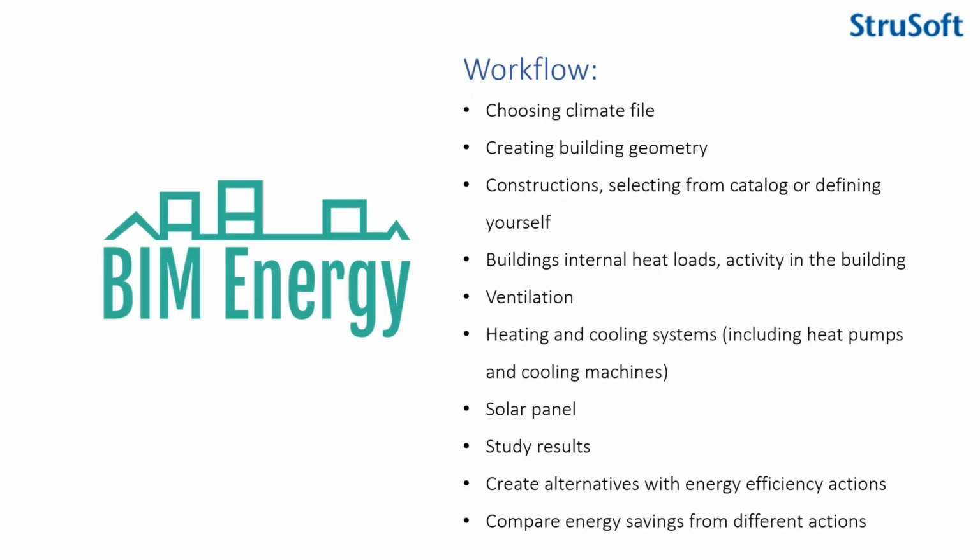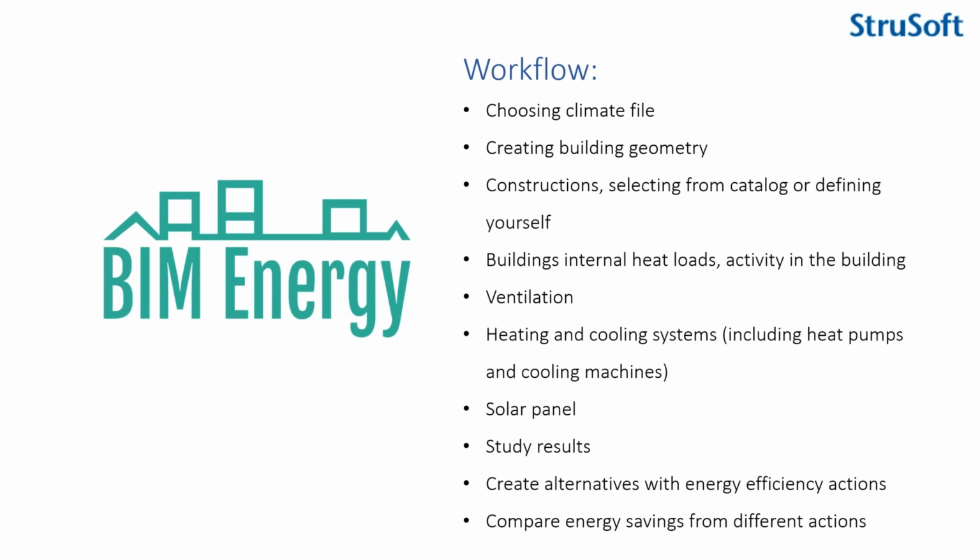This is the workflow in BIM Energy. First, you choose a climate file. Where is your building situated? Next step is to create the building geometry. After that, decide the constructions, either selecting from a catalog or defining them yourself. Next step will be the building internal loads and the activity in the building.